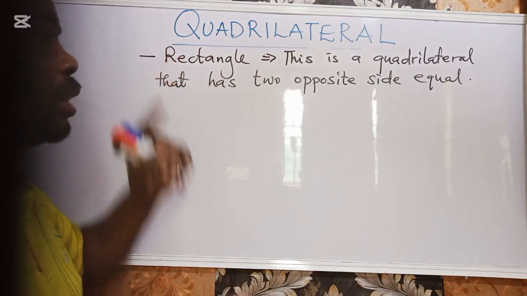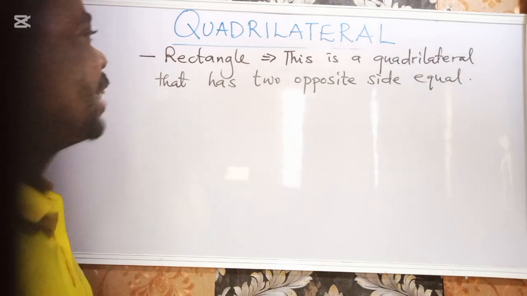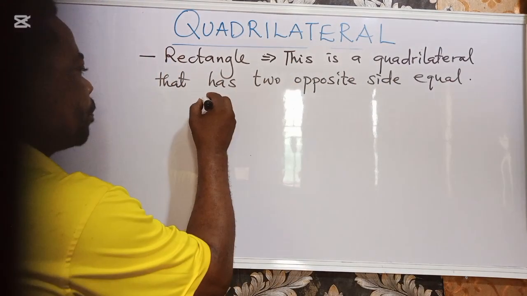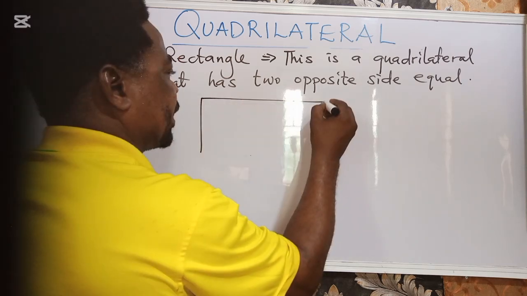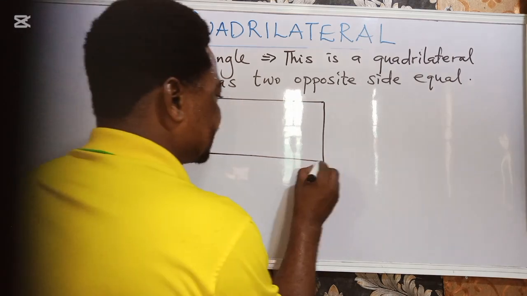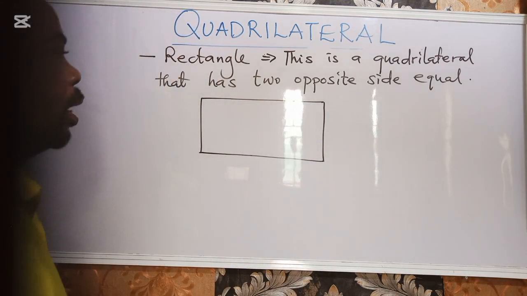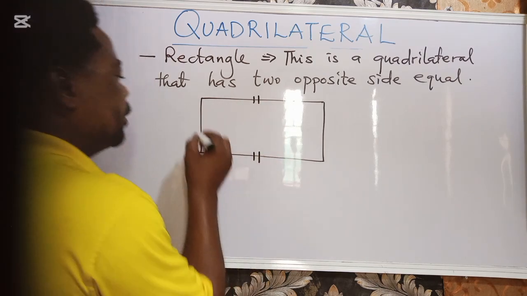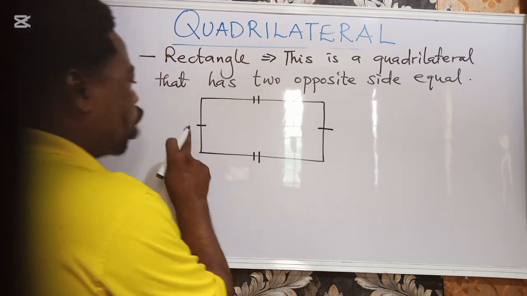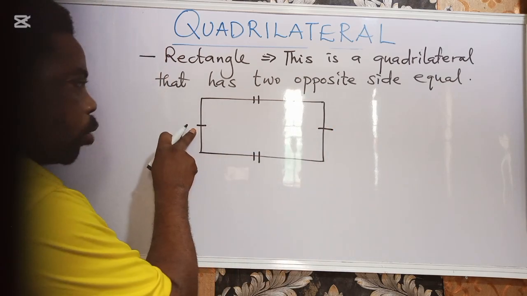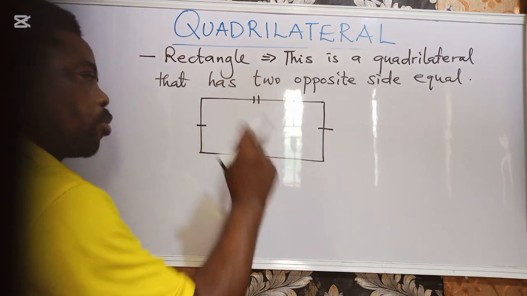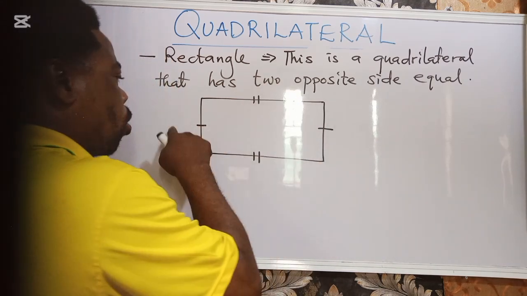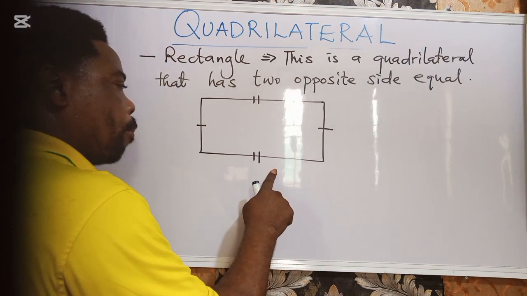What makes a rectangle different from other quadrilaterals is the fact that it has two opposite sides equal. This is an example of a quadrilateral that is a rectangle. This side is equal to this side. So these are opposite sides, and they are equal to each other. This is another pair of opposite sides, and they are equal to each other. So that means it has two opposite sides equal.